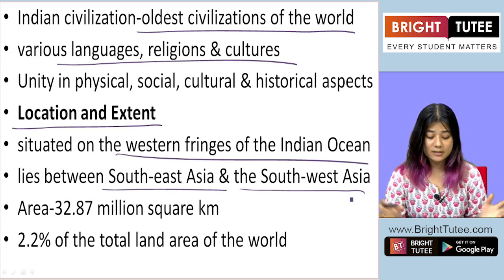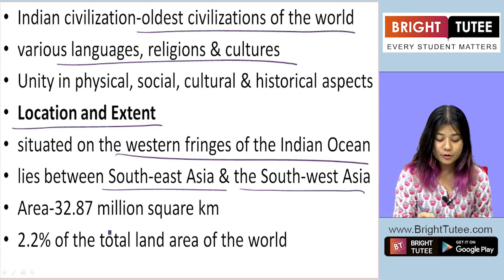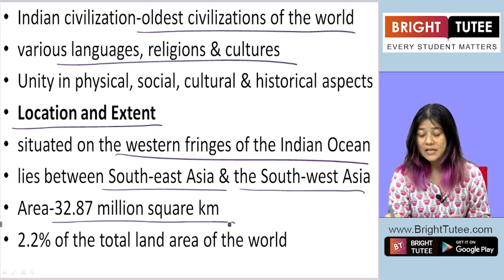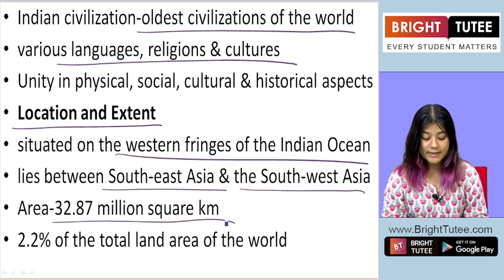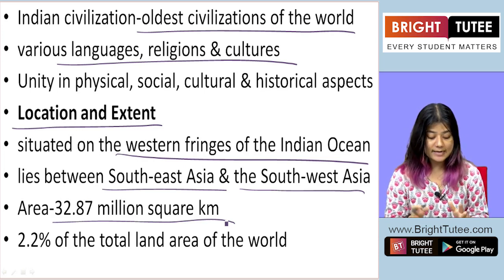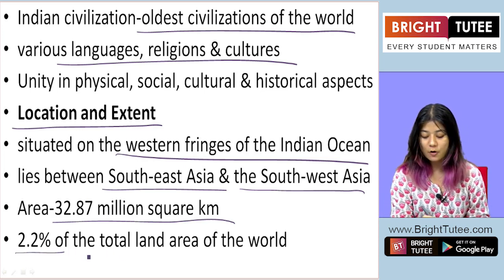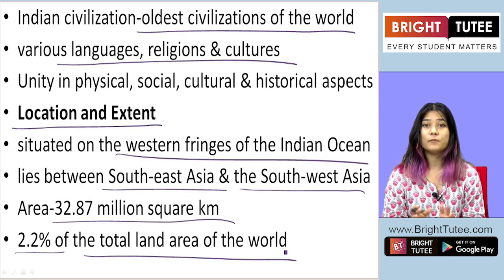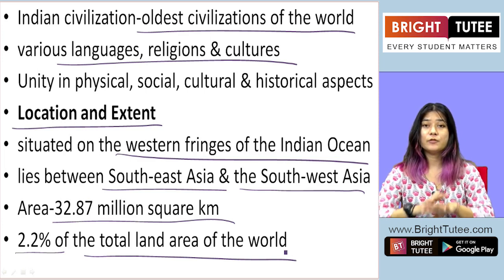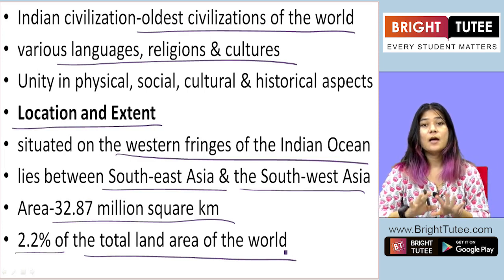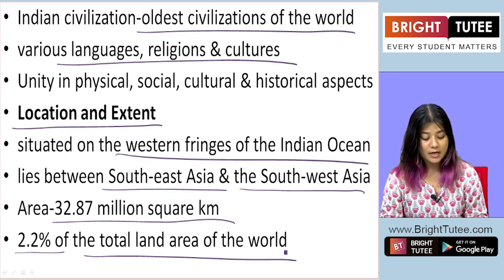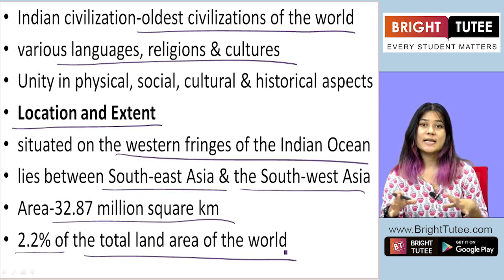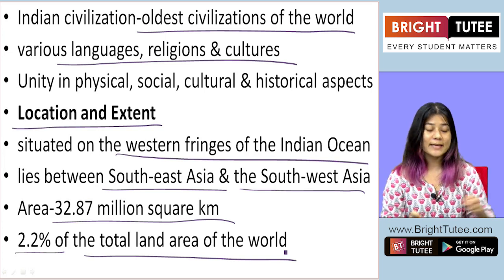The area that it covers is nearly 32.87 million square kilometers, and this area is 2.2% of the total land area of the world. Out of the land that covers the surface of the earth, 2.2% is occupied by India.